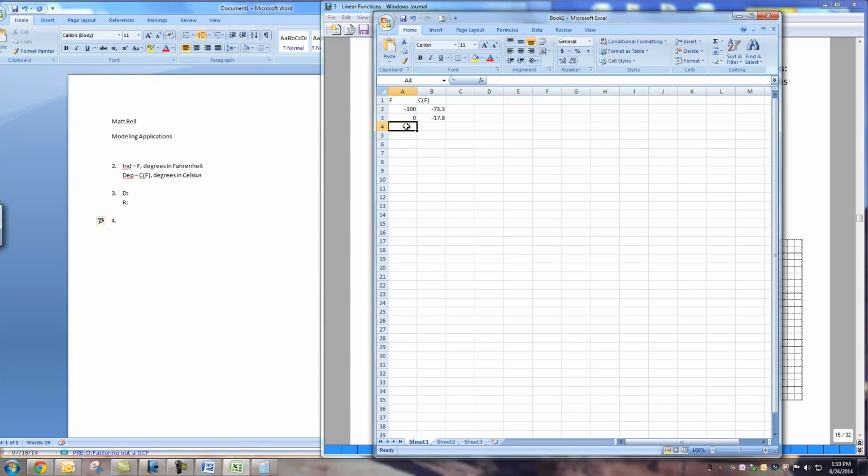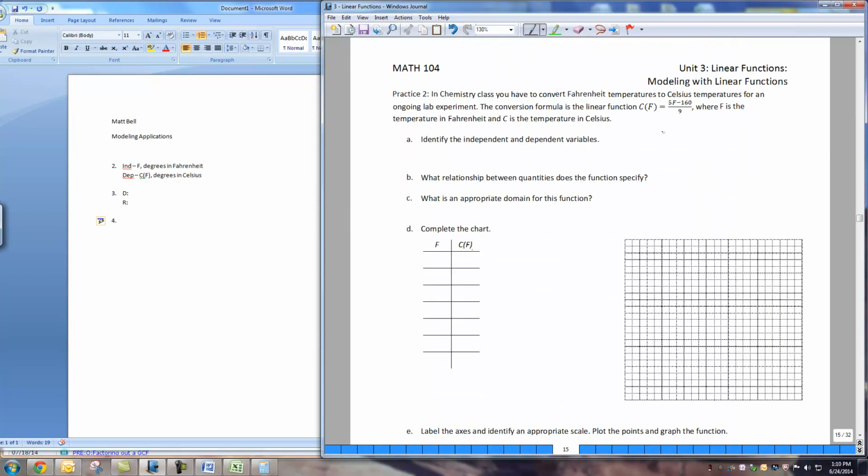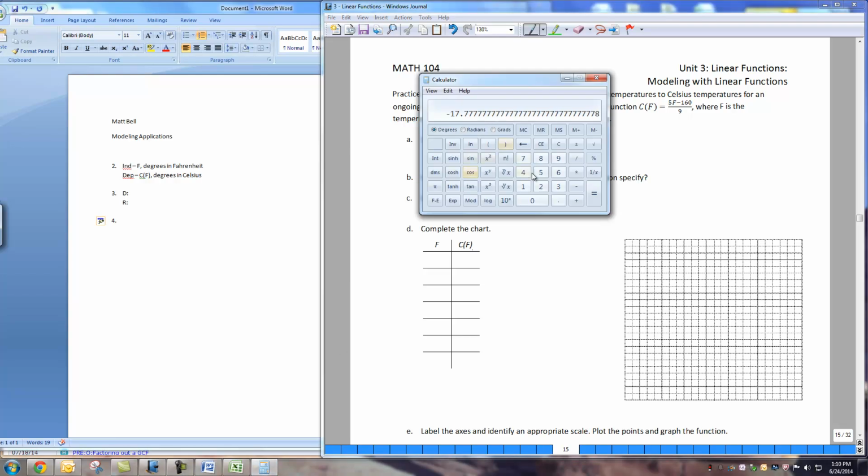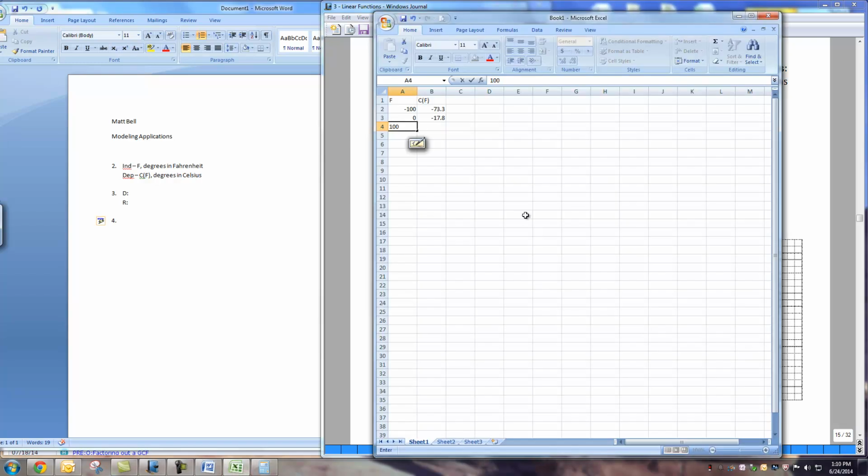Now let's do when Fahrenheit's 100. So 500 minus 160 divided by 9. 37.8.